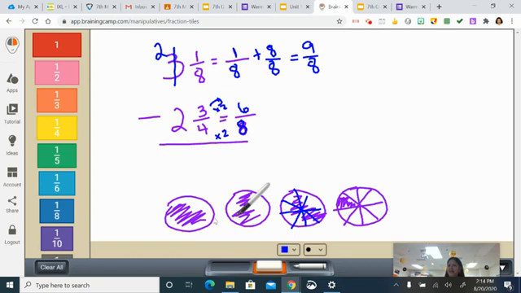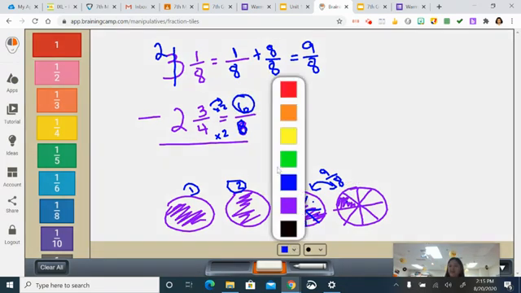Is this 2 and 9/8? Let's see. 1 whole, 2, 8/8. 1, 2, 3, 4, 5, 6, 7, 8, plus 1 more 8. These are my 9/8 right here. Do you see where my 2 and 9/8 are coming from? Now, can I subtract 6/8 from it?